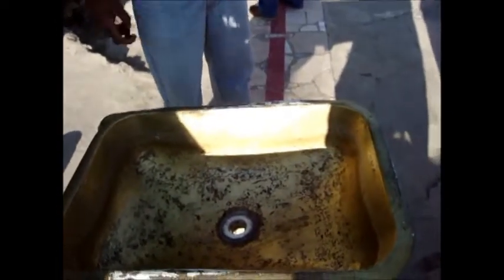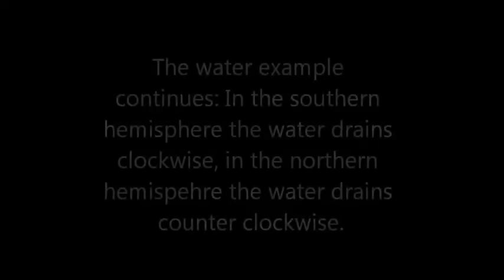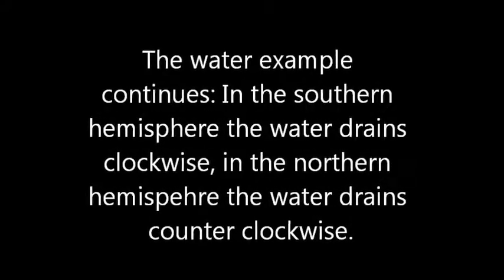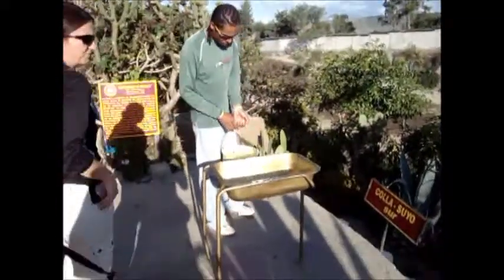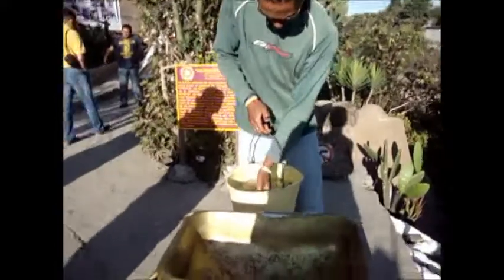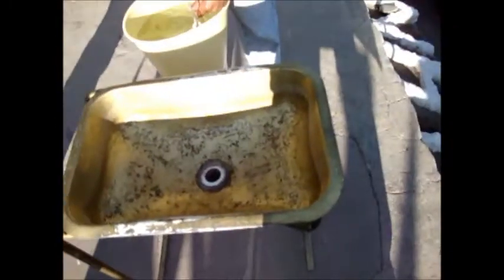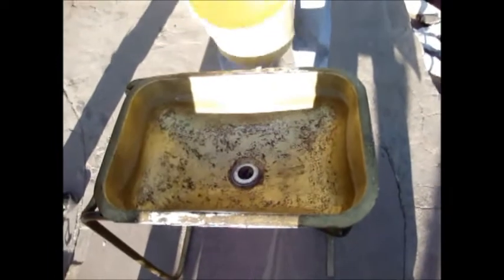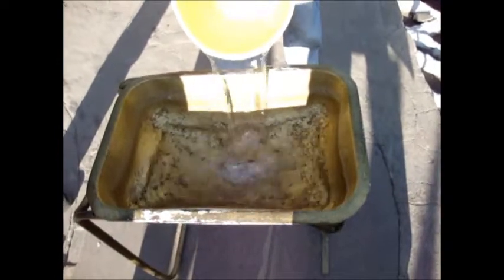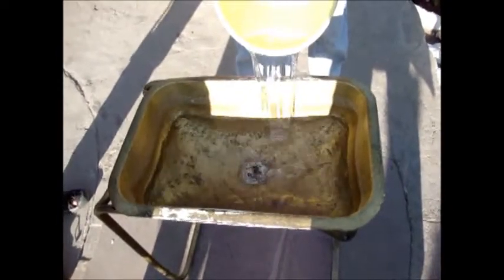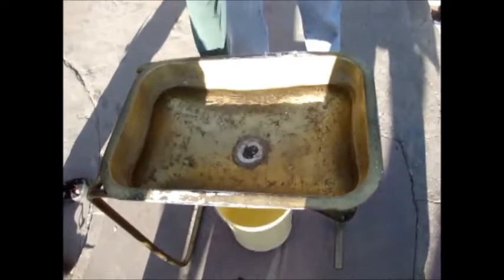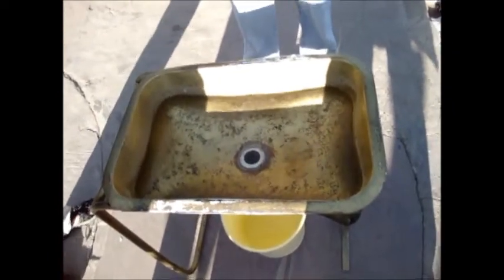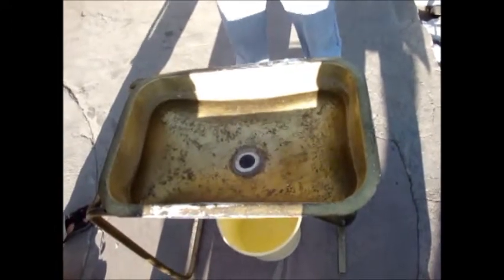Now we have the example in the southern hemisphere, then we have the example in the northern hemisphere. Okay. Let's go to the south. Okay, and here in the southern hemisphere the water goes clockwise.